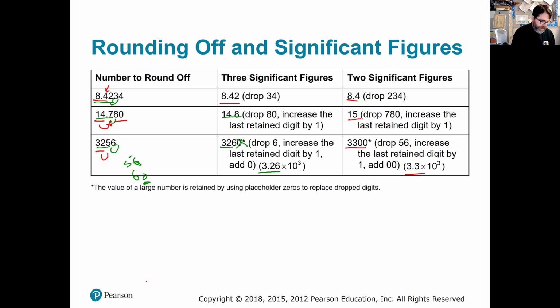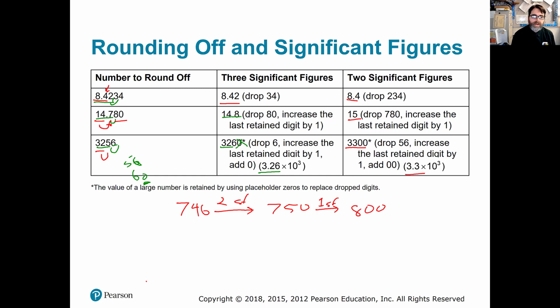And just for a cascading example, I'm going to use 746 here. If we round that to just 2 sig figs, then that becomes 750. If we then use that answer to round to 1 sig fig, then the 5 is going to cause the 7 to round up to an 800.